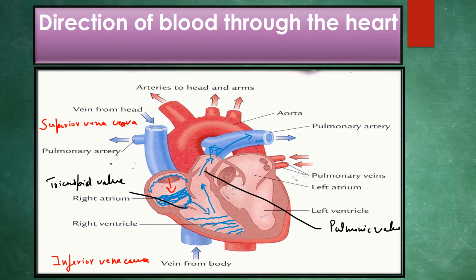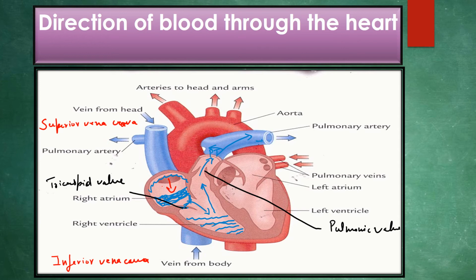So these two pulmonary arteries transport the blood to the lungs, and in the lungs, at the alveoli level, it gets oxygenated, meaning the carbon dioxide is excreted out from the blood and oxygen gets into the blood with the help of the diffusion process.